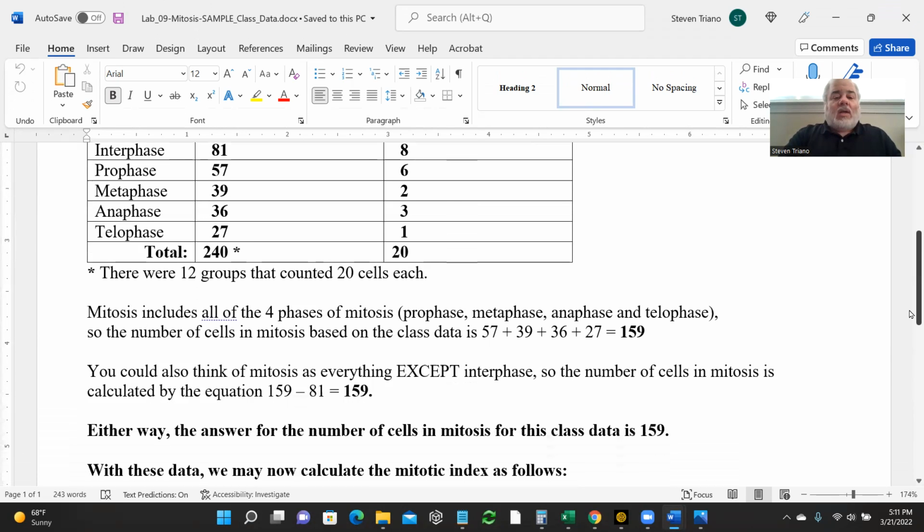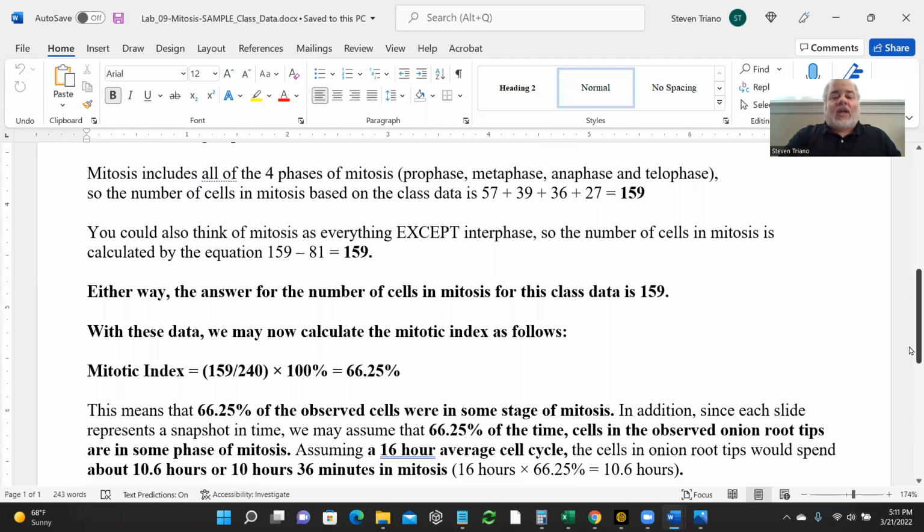So then this document, which is available to you, explains about how many are in mitosis. Everything in the 4 phases of mitosis is in mitosis. Prophase, metaphase, anaphase, telophase, they add up to 159.